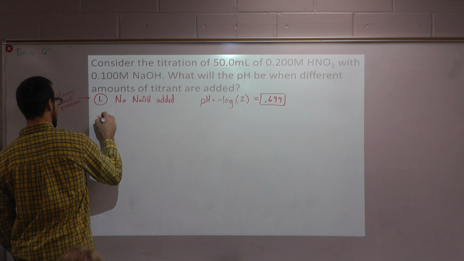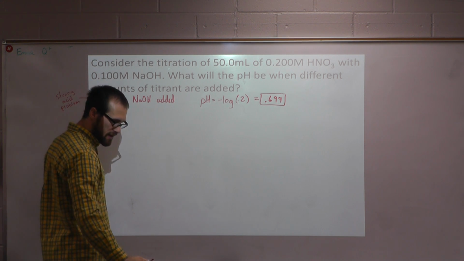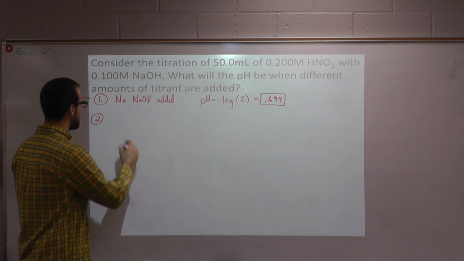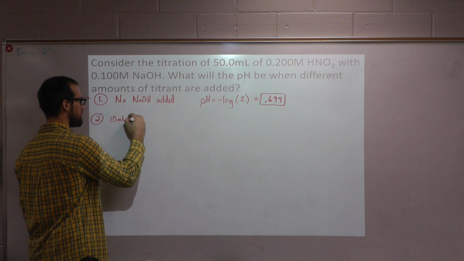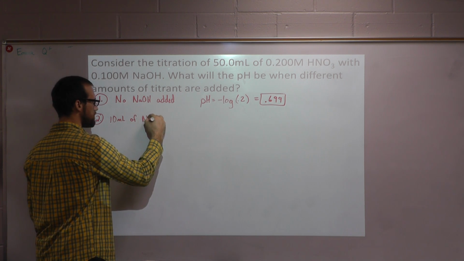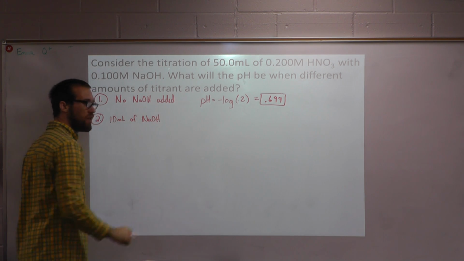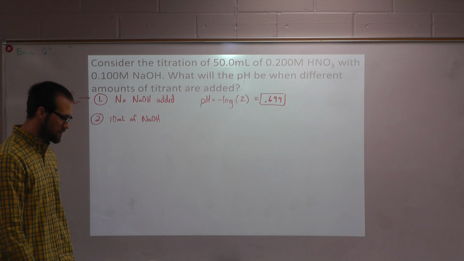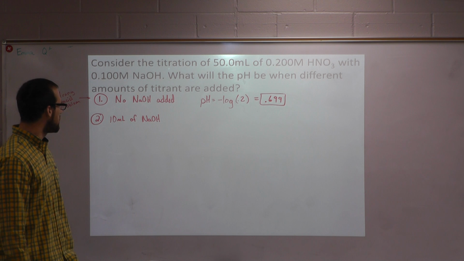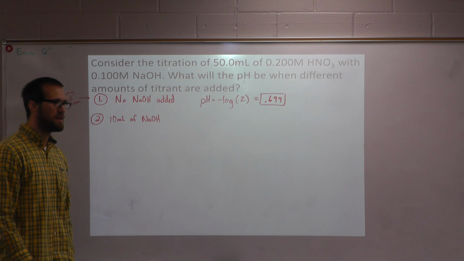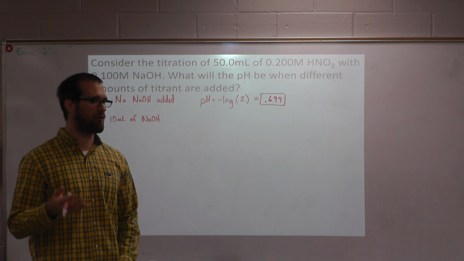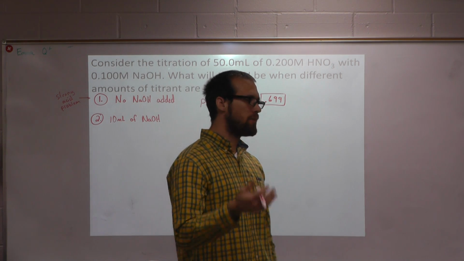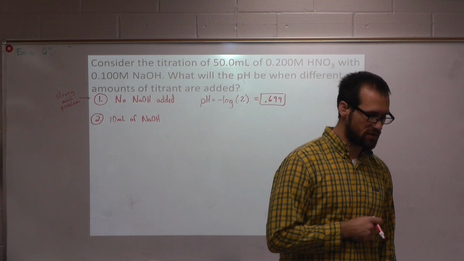All right, let's go on to where we have added some amount, and let's just say I add 10 milliliters. Write small, if you will, because we will use most of this page or space that you have. Now this is where it's a little bit different. It's not quite like a buffer problem, but we still have to do stoichiometry.